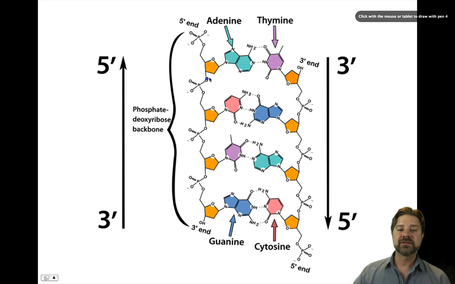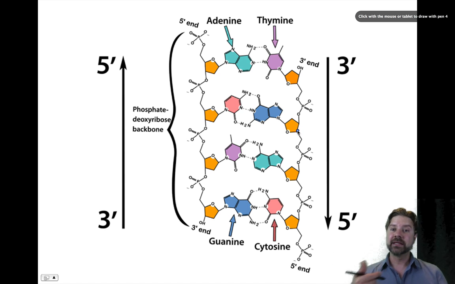Here we have our phosphate sugar, so this is our sugar phosphate backbone. In the center, these are our nitrogenous bases that are sticking out. And we said 5' to 3' is the way that it's arranged, which the other side will be the opposite. So here you have your 5' and here's your 3' end. How do these look different? Well, if you look at the one on the right, notice that it's flipped upside down.